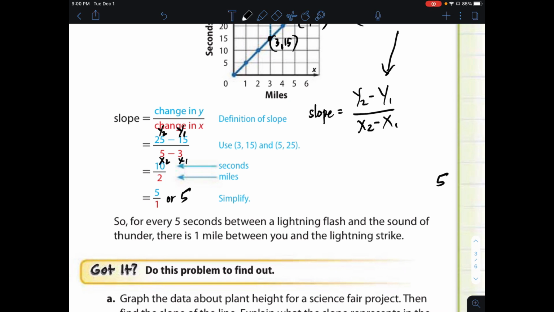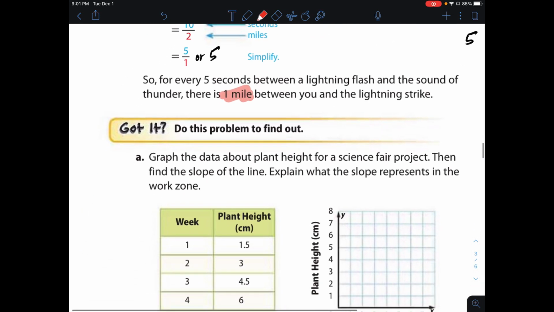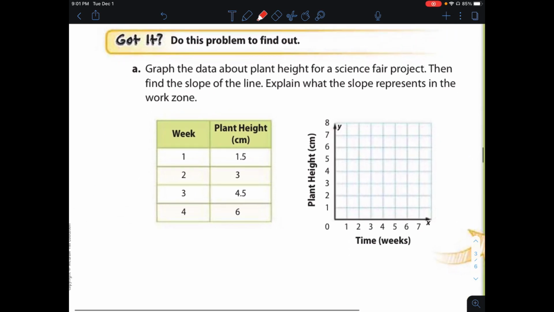So when you see a lightning strike and you count 5 seconds after that, it basically means that the lightning strike is 1 mile away from you. So do the guided problem and let's see if you understand example number 1.